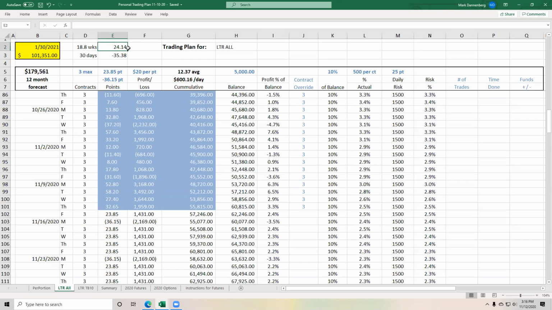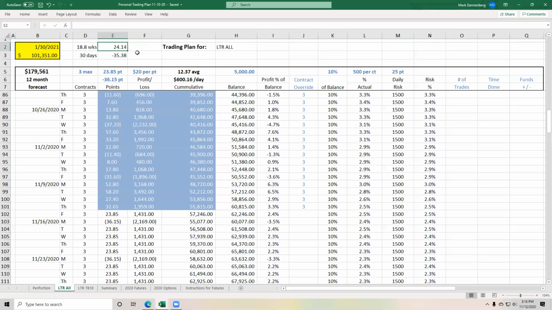So these are numbers that Aaron and I have determined a calculation for that allows us to not just look at the pure average of all winning days, but to also take into account the number of winning days or losing days for the number of weeks that have already expired. So our winning day average is 24.14, and our losing day average is 35.38.